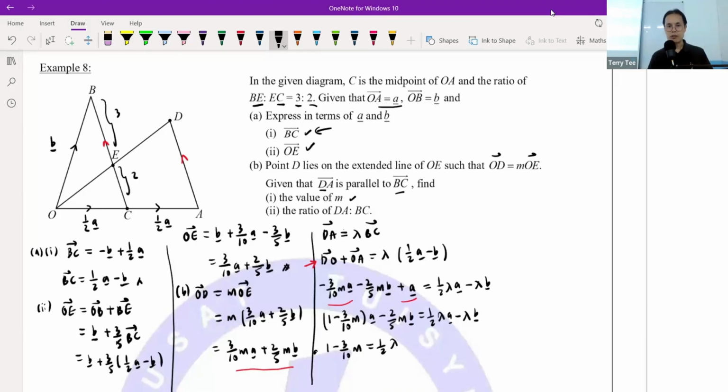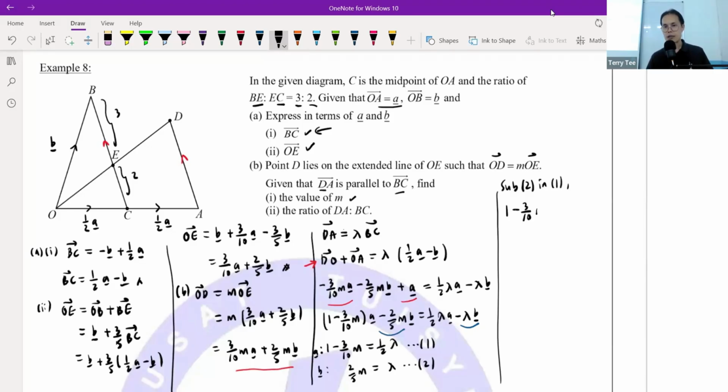I'm comparing vector a, so well, I can't do anything. I'll stop here. Let's compare vector b. The number in front of b is this. I compare with this. Then we can just drop the negative. 2/5 m is just lambda.